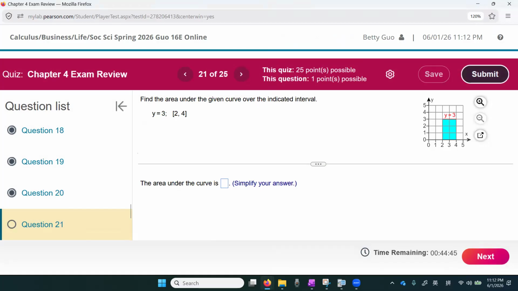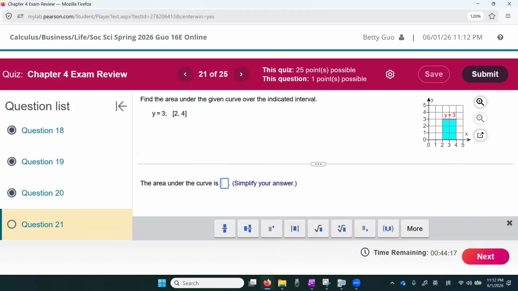Next. Question number 21. Find the area of the blue region. Okay. So base is 2. Height is 3. Base times height is 6 divided by 2 is 3. That one is very straightforward. Let me double check.